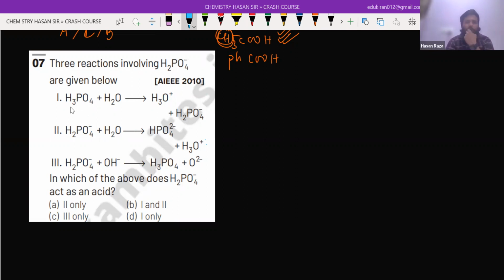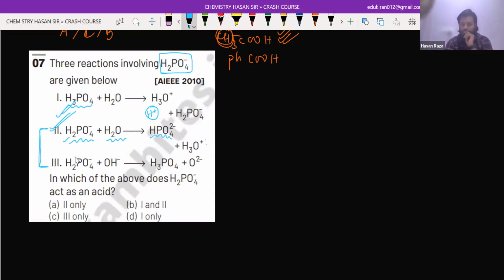First of all, the first will not be true because we are talking about H2PO4 minus and it is H3PO4. So we just need to think about the others. In the second, H2PO4 minus and H2O, you can see H2PO4 minus is converted into HPO4 2 minus. That means it gave out H plus, and hence it is acting here as an acid.